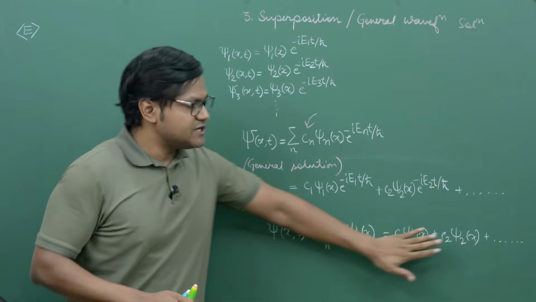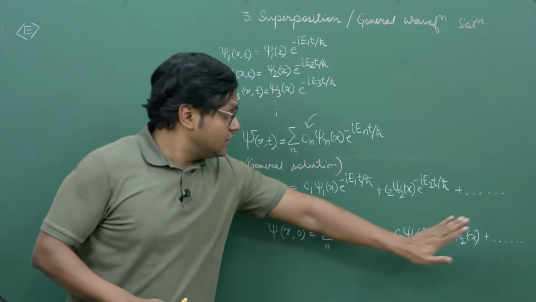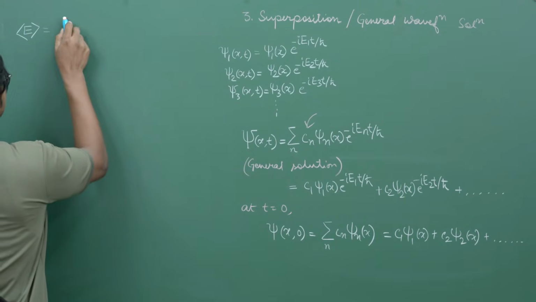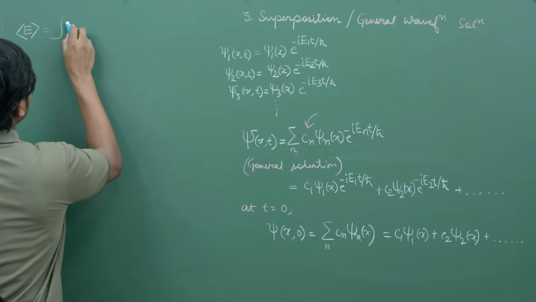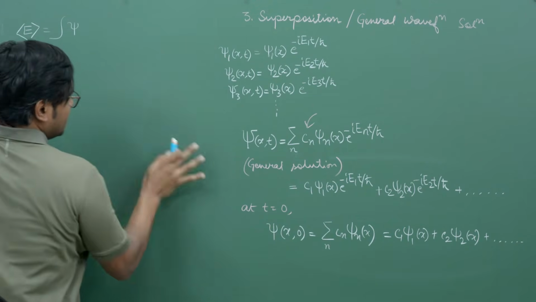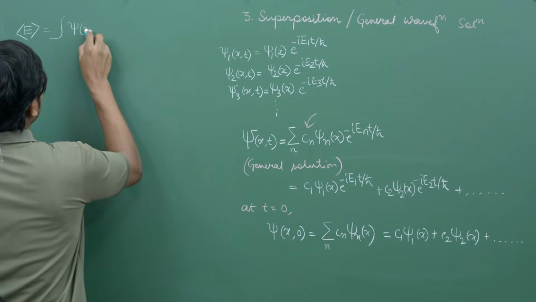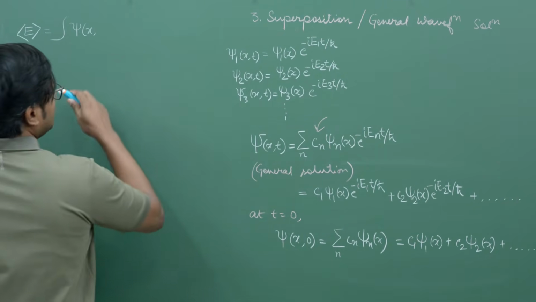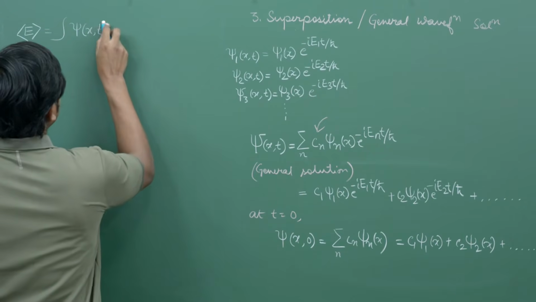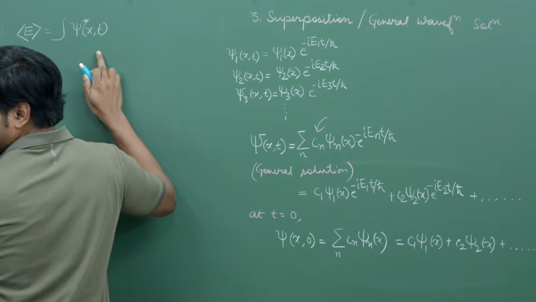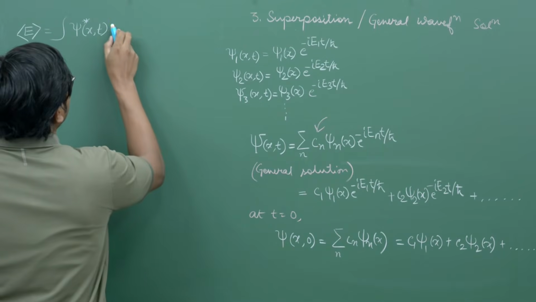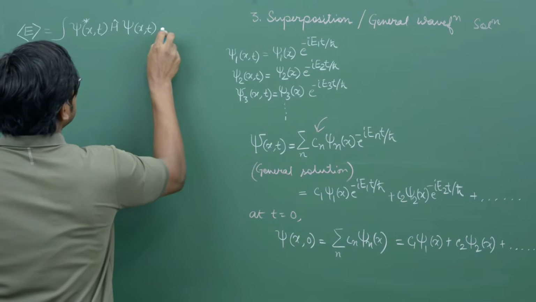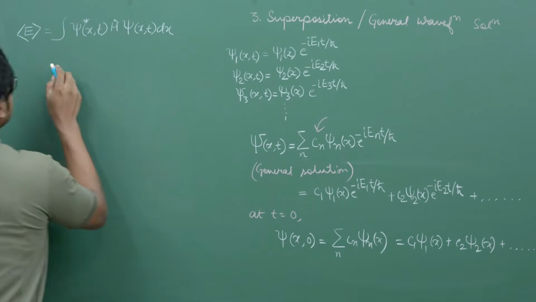But if I try to find the average energy for a general wave function solution, then I can simply say this is equal to the integral of the general wave function at any given point in time, psi(x,t) complex conjugate, then the Hamiltonian for total energy, and psi(x,t), dx integrated from minus infinity to plus infinity.